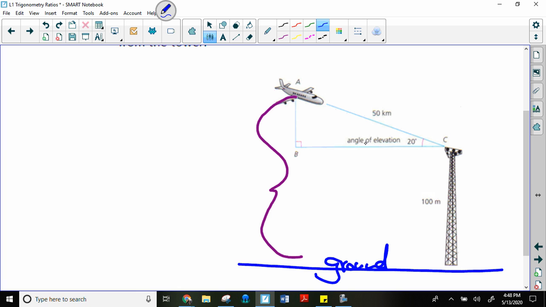Then we have to find the ground distance. This is the ground distance to the radar. I know it's floating in the middle of the air, but it still represents the amount of distance you'd have to travel if you were on the ground.